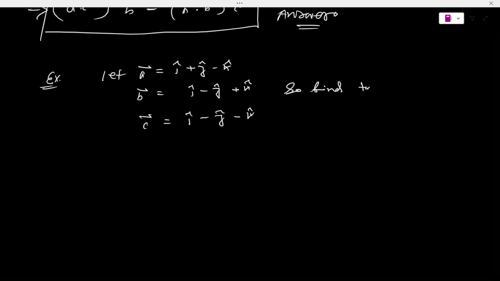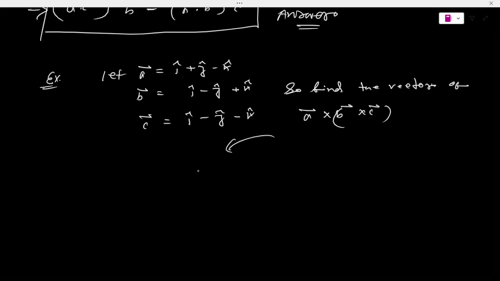Find the vector of a vector cross b vector cross c vector. How will you find it?